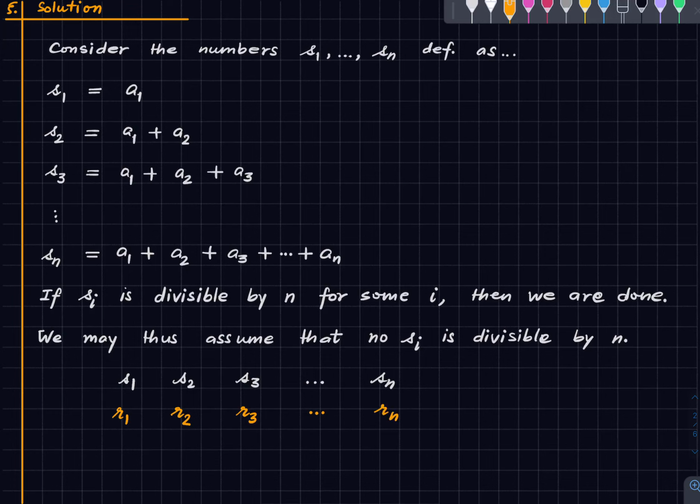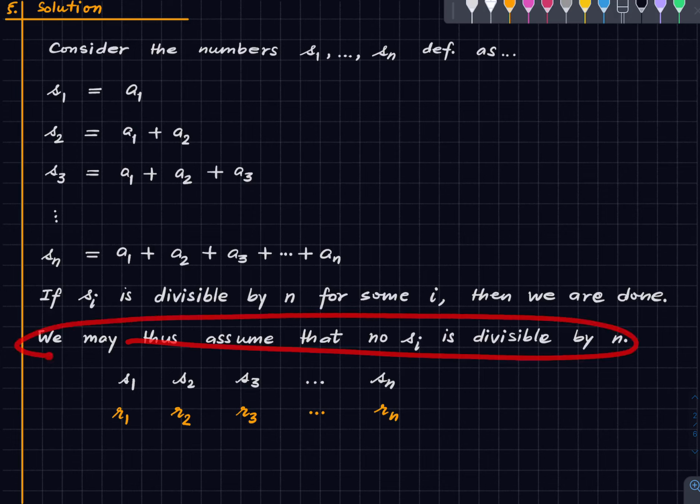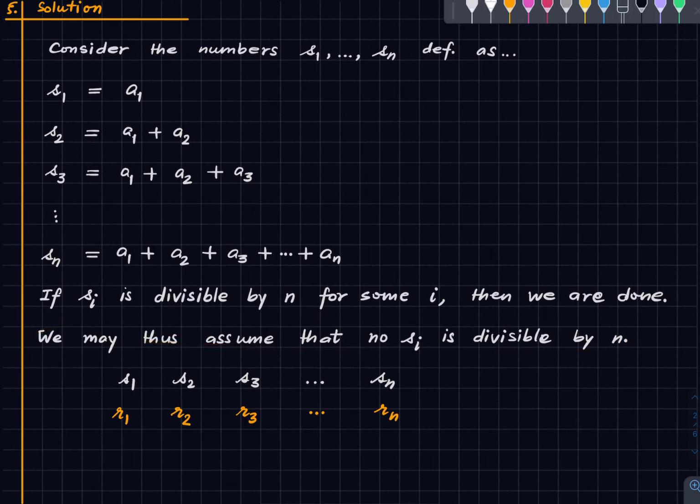So by this assumption, meaning the adverse case, we know that 1 is less than or equal to Ri is less than or equal to n minus 1 for all i. Why is that? Well, the remainder of any number when you divide it by n is going to be one of the numbers 0, 1, 2 up to n minus 1.